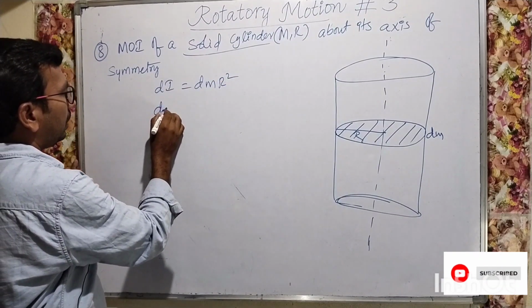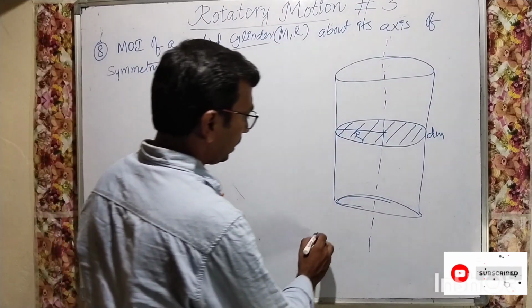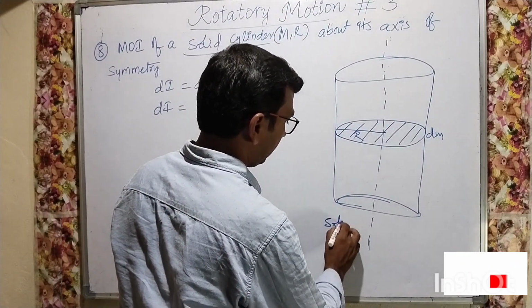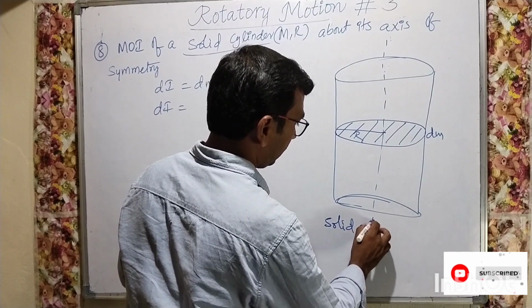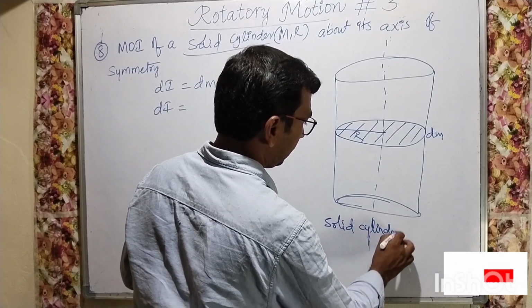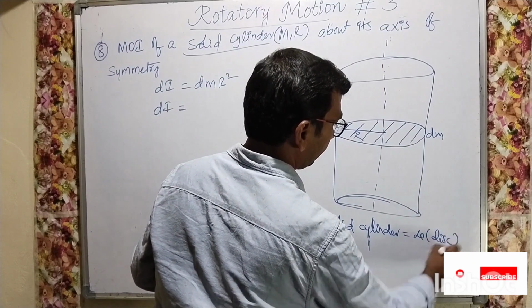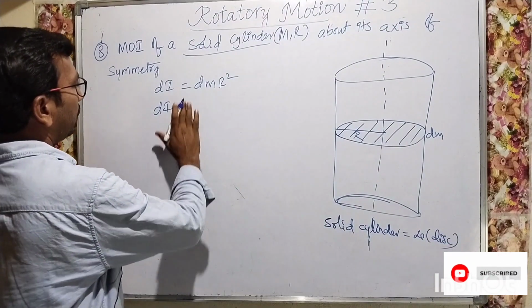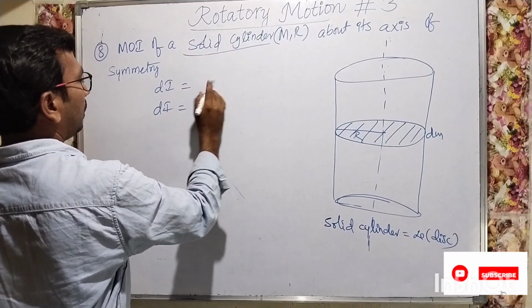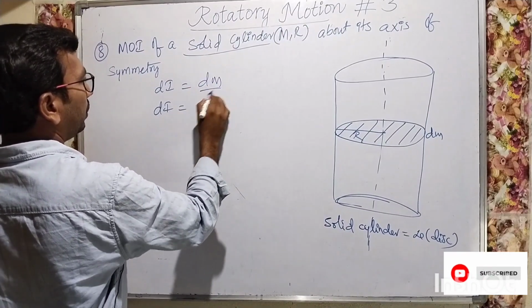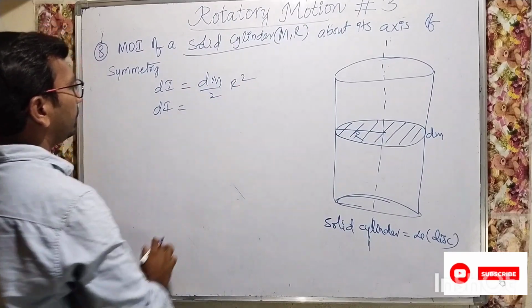So the solid cylinder is equal to an infinite number of disks. Here dI = (dm/2) R².